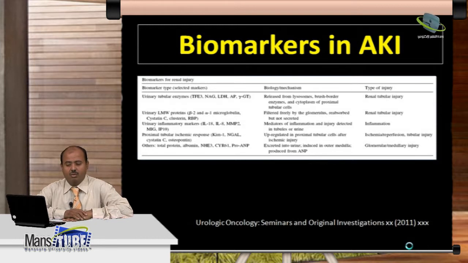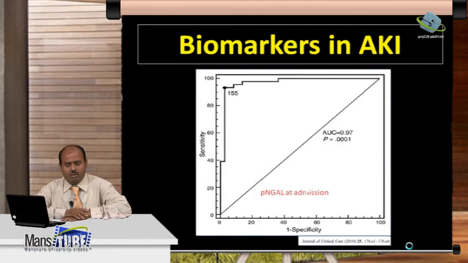They may be urinary tubular enzymes that are released in tubular injury, urinary low molecular weight proteins like beta-2 microglobulin, urinary inflammatory molecules like interleukin 18, proximal tubular ischemic response markers, KIM-1 and NGAL, neutrophil gelatinase associated lipocalin, or other molecules or biomarkers. This is quite an exhaustive list of biomarkers that may help in diagnosis of acute kidney injury.